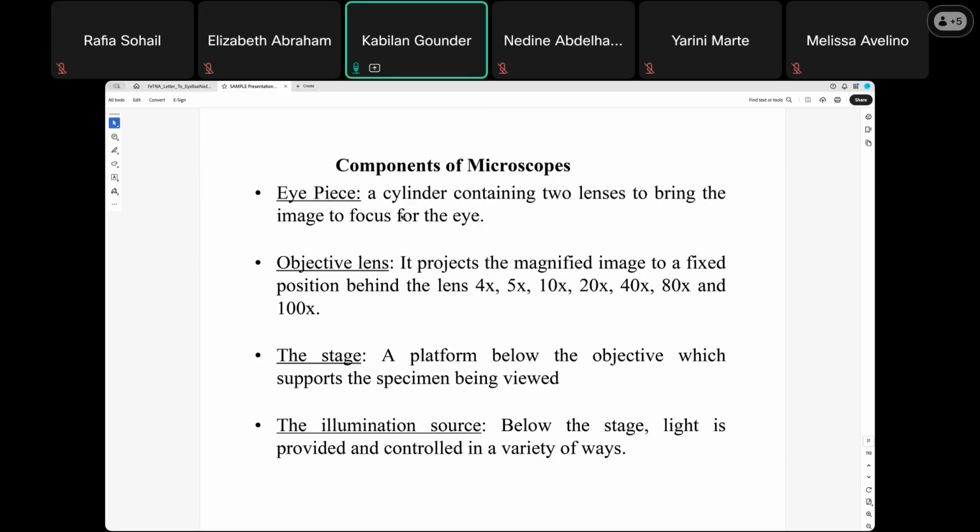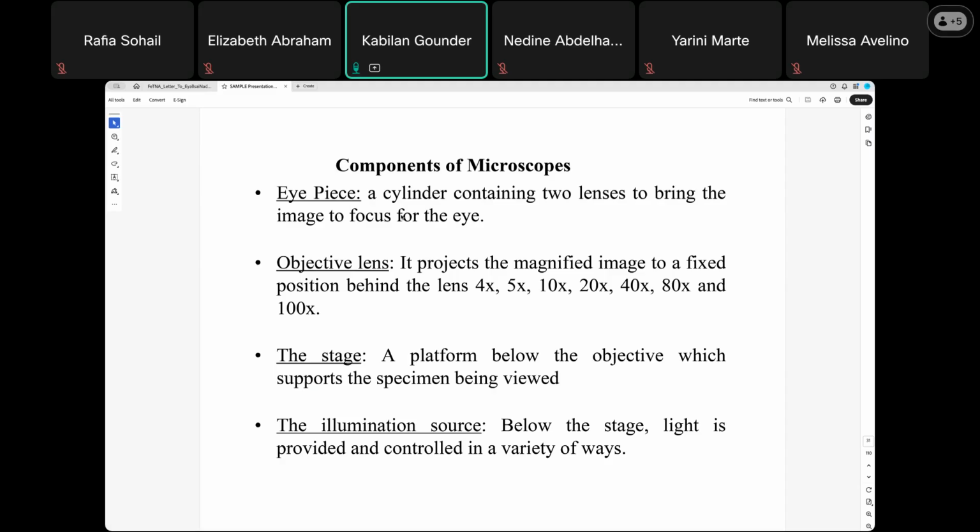So I can adjust the eyepiece or ocular lenses to focus to my eye. Then if someone else comes and checks the same, they have to adjust the ocular lens or the focus to their eyesight. So the eyepiece or ocular lenses play an important role, bringing the image to focus for the eye.